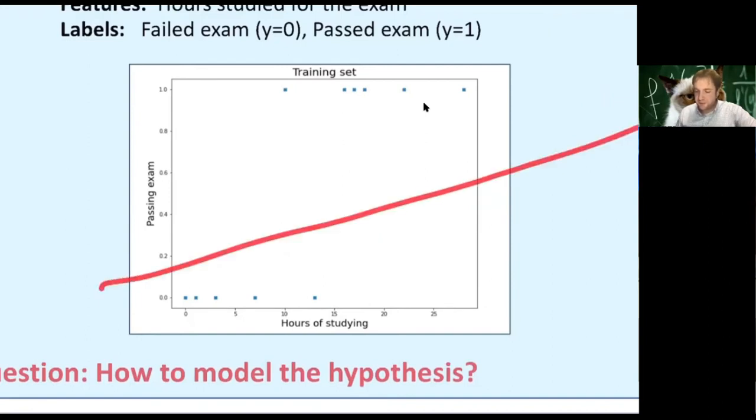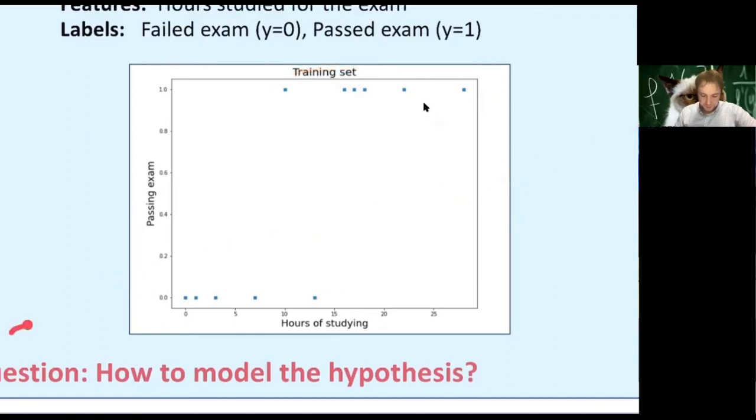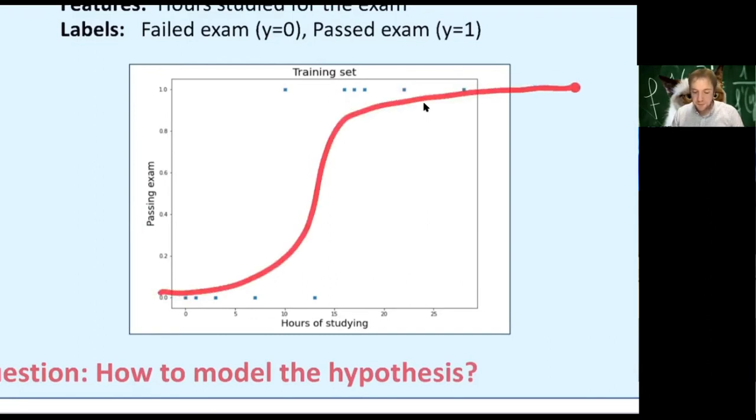And then you already see that this doesn't really fit the data. Also, this line goes above 1 and into negative values. And maybe a polynomial would not really be the best solution here either. So really what we want to find is a curve which looks something like this. So the hypothesis will not just give 0 or 1, but we will try to find a curve like this. And then we say it's passed if it's above 0.5 and failed if it's below 0.5.